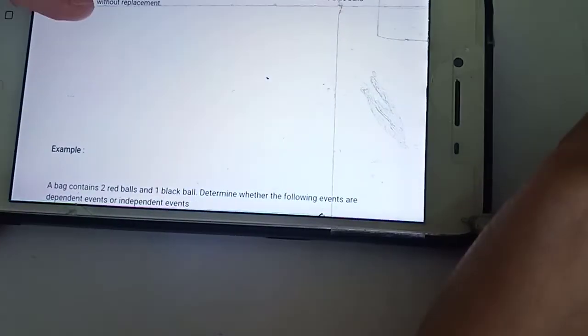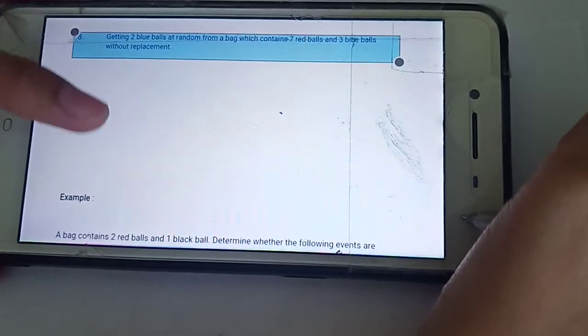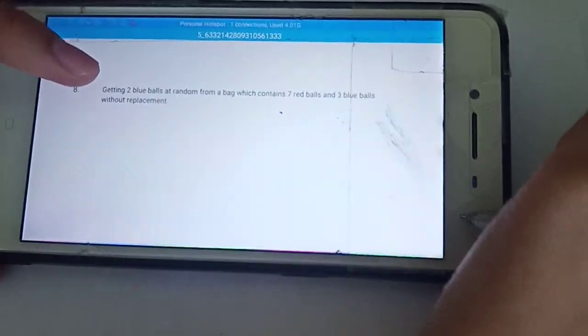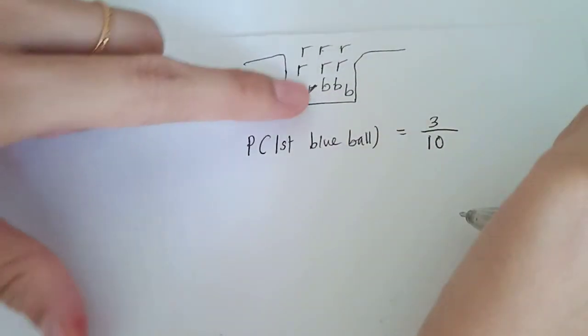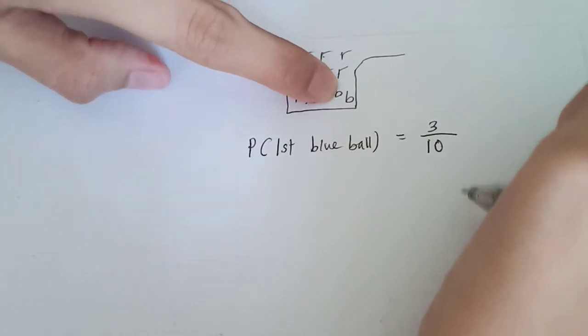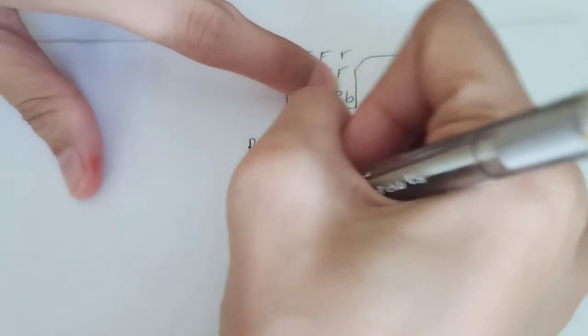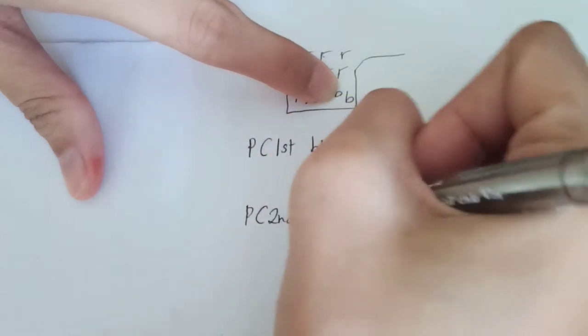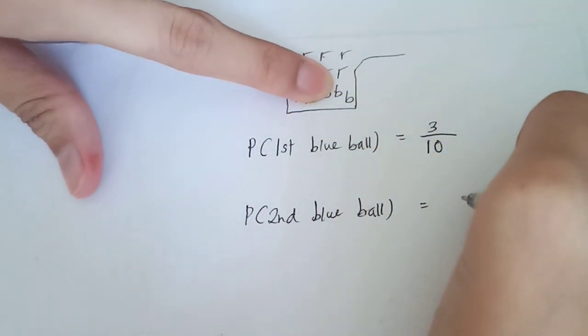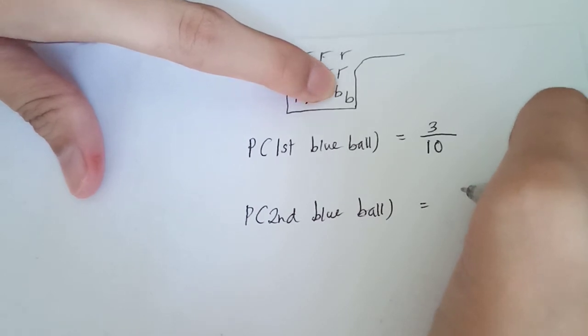Now, without replacement means after I take out 1 blue ball, I'm left with 2 blue balls. So if I want to get a second blue ball the second time, what is my probability of getting a blue ball?